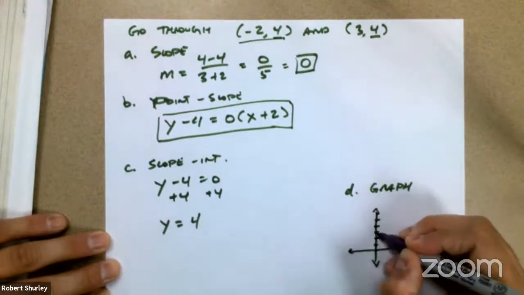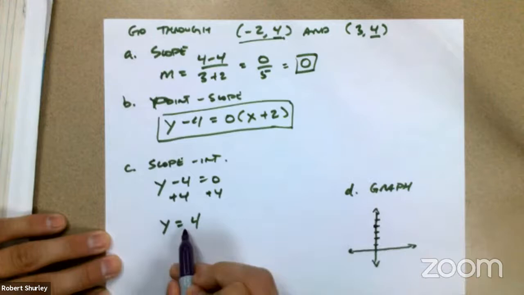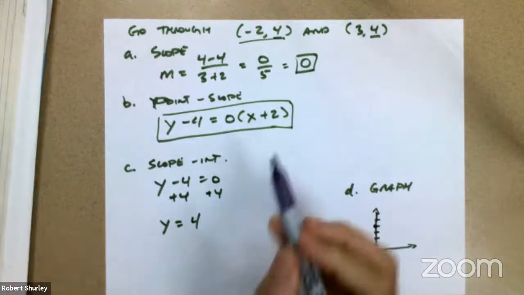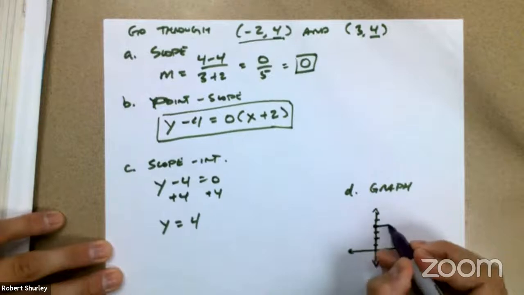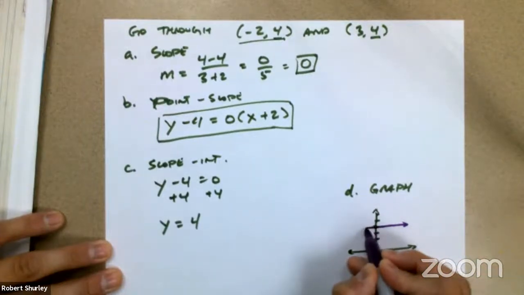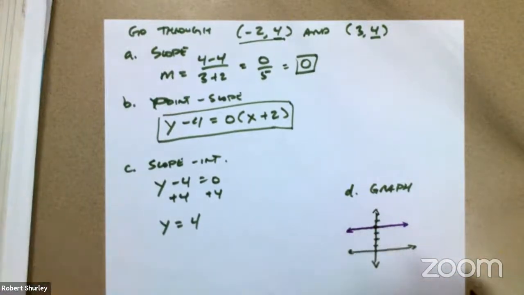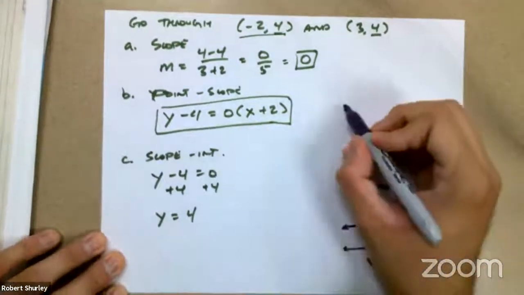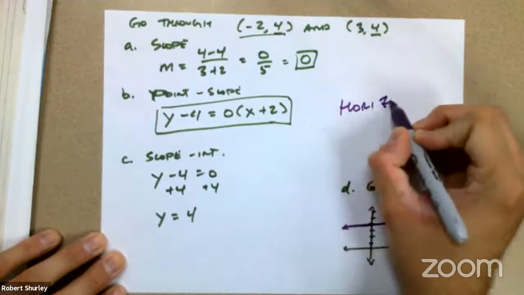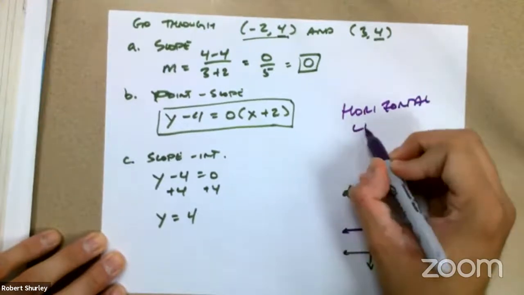So I go up 1, 2, 3, 4, but I don't have an x value. I don't have an m, right? My m is 0, so I don't go up and I don't go down. I just go flat. I go straight. So this graph actually is a horizontal line. And all of this tells me we have a horizontal line.